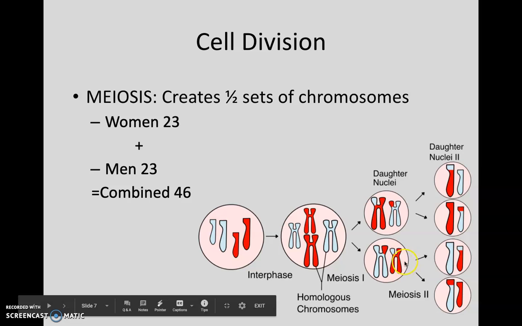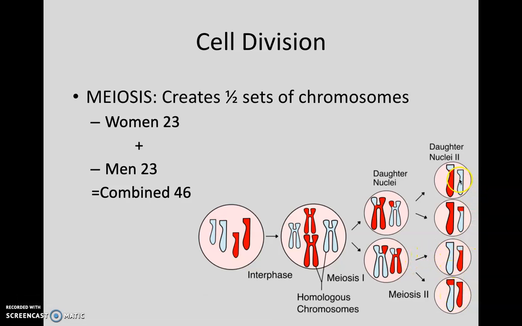Those are then going to split, giving us half sets of chromosomes again. So we have the half of the red and the half of the blue, creating those 46 chromosomes. This won't come up a whole lot. We just want to cover the basic portions of this so that you have a little bit of understanding.